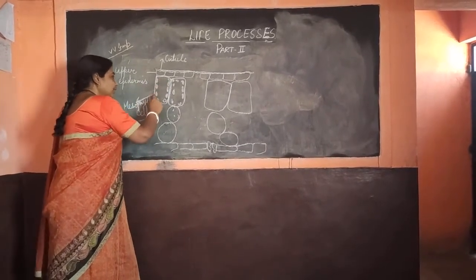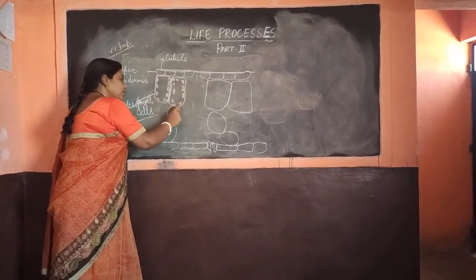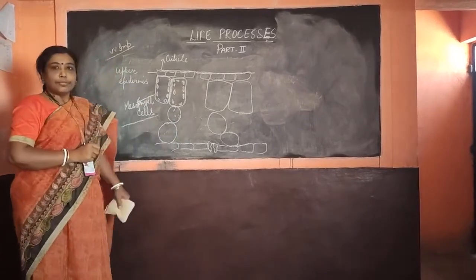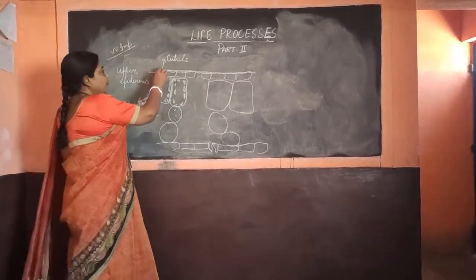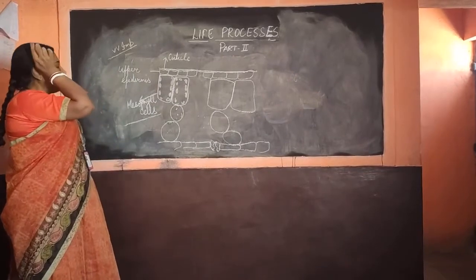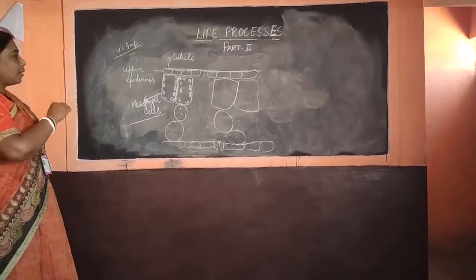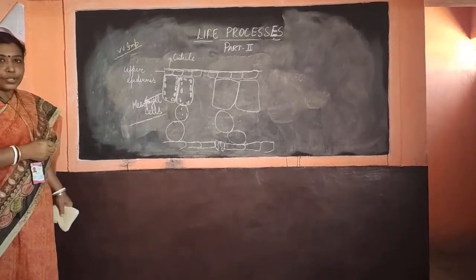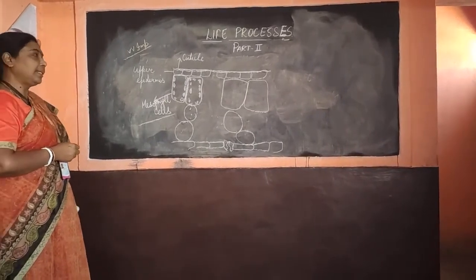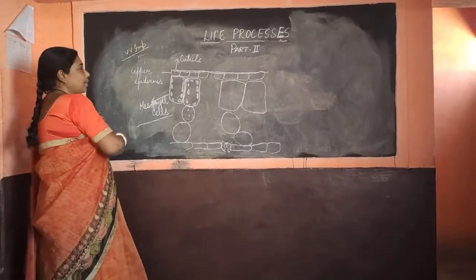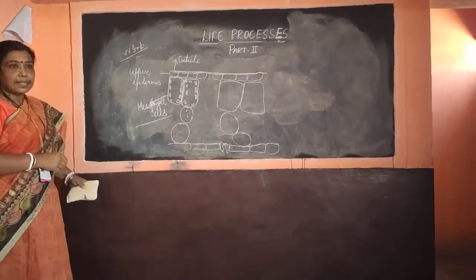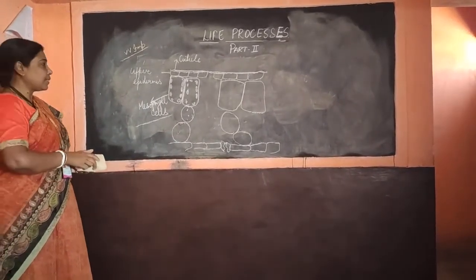So this structure plays an immense role in the process of photosynthesis. And you know what is the function of the cuticle? The function of the cuticle is to prevent desiccation, or too much water loss from the surface of the leaf. So that is all you have to study in the process of photosynthesis.